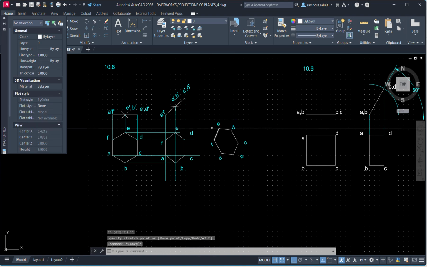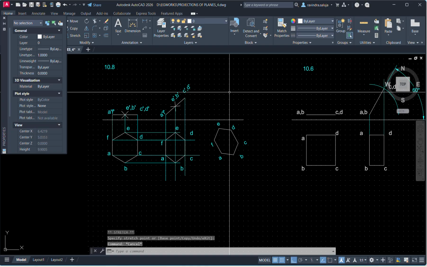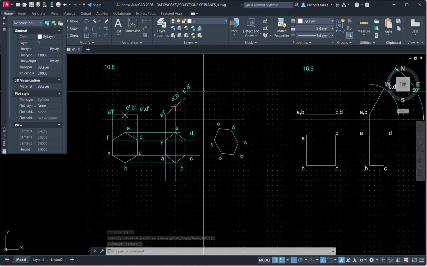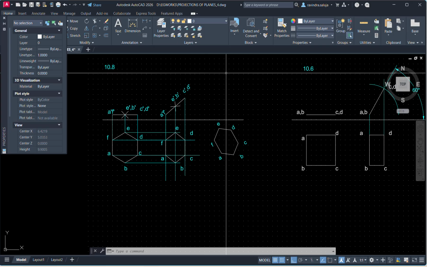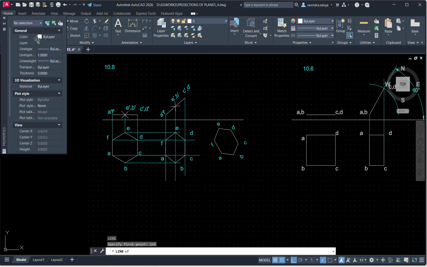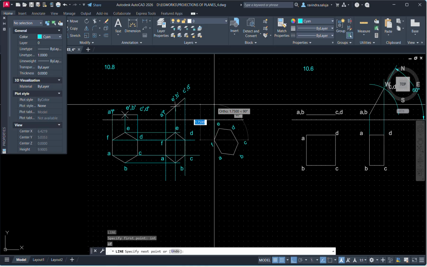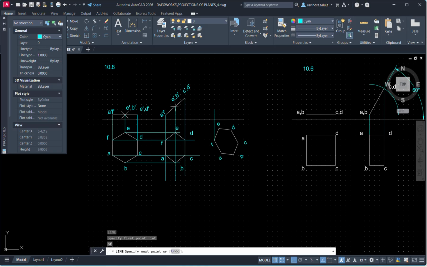Fine. Now you have to transfer all the points to the above side, and then from this side, and then again make the apparent shape. So this is up to AF.